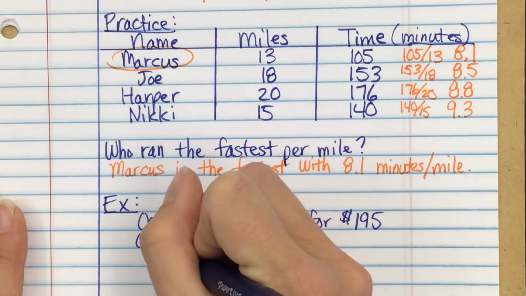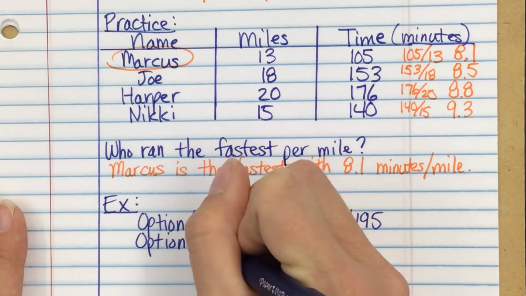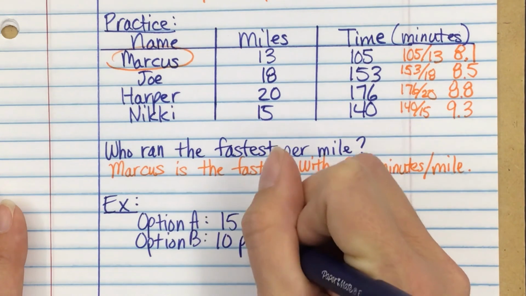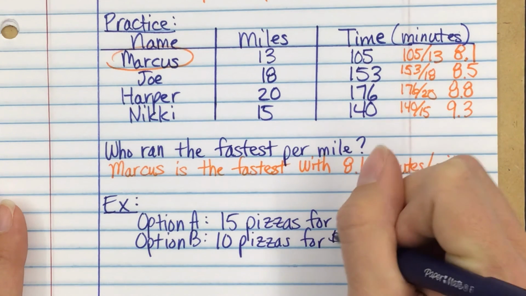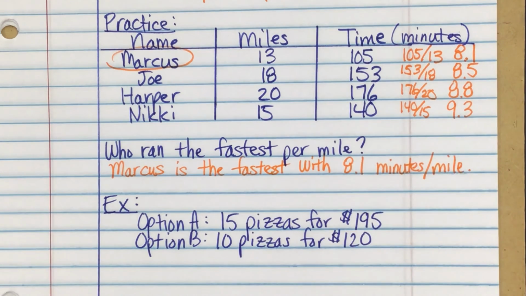Option B is 10 pizzas for $120. Okay? We need to figure out which one is the better buy.